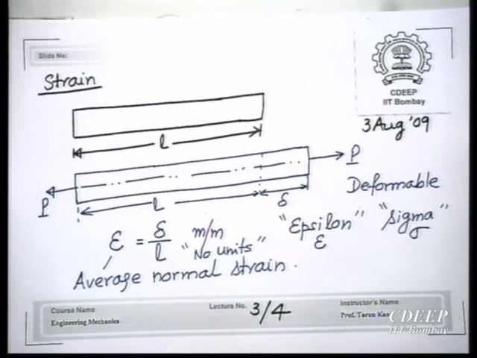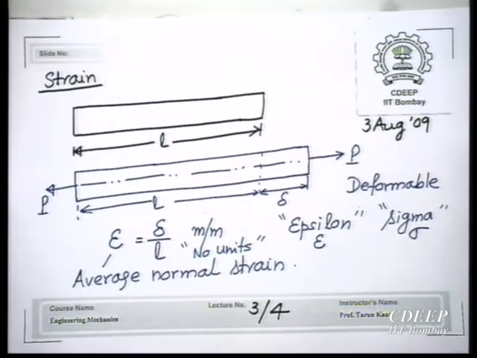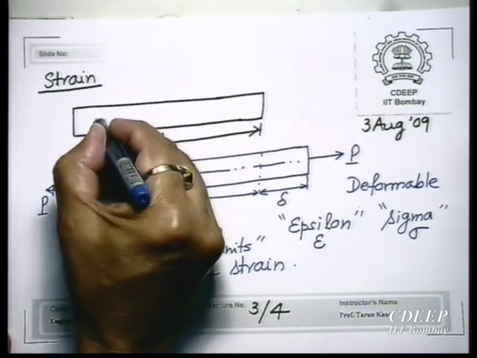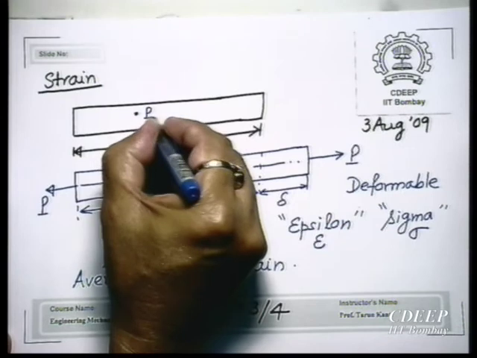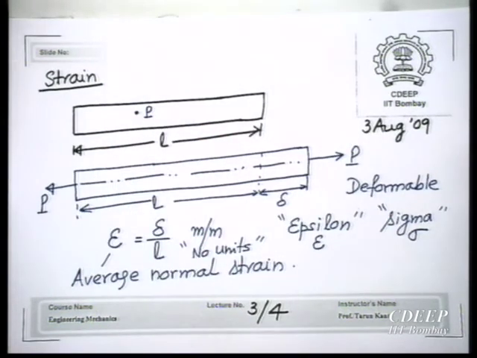Now, whatever I have defined is strain averaged over the entire length of the rod, which is too crude. So, just like stress, why do we not look at a point P inside the body.